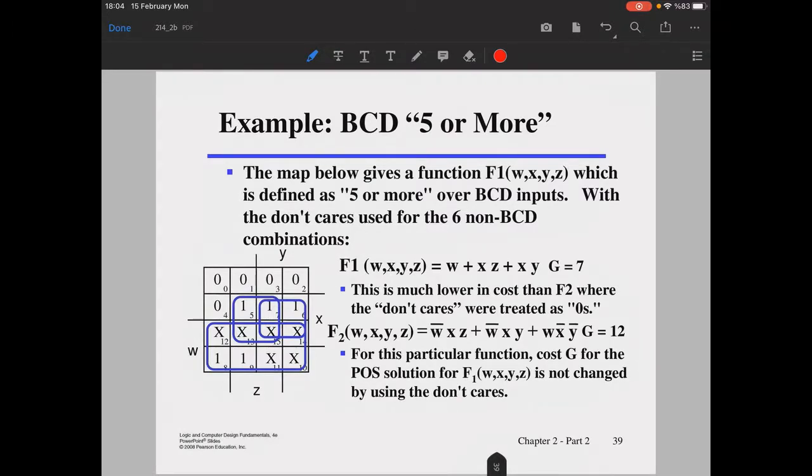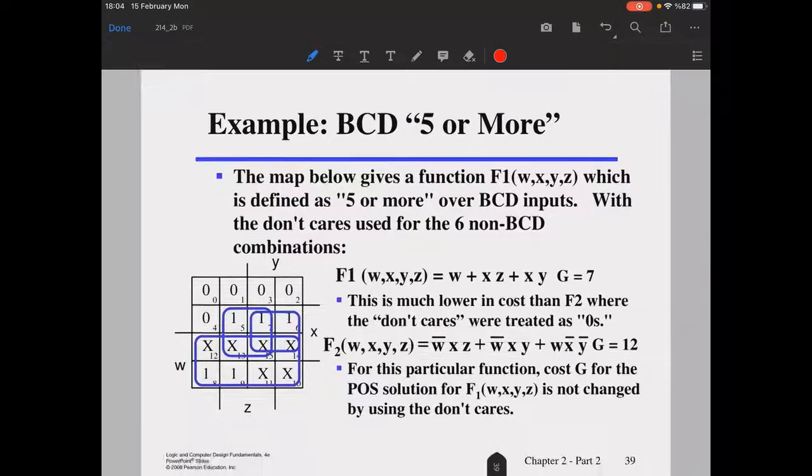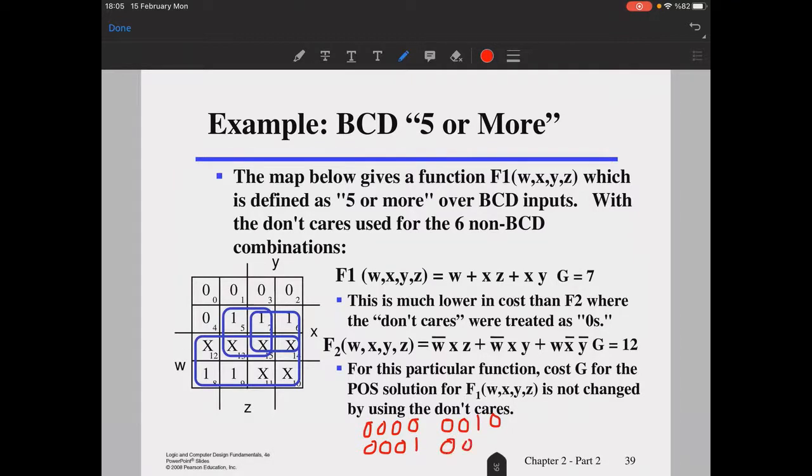Let's take a look at this example. It's very nice. This is a circuit that blinks your LEDs when you have an input larger than 5 or more. That's it. So your LEDs will not blink if you have, for example, BCD inputs as 0000, 0001, 0010, 0011, and 0100.